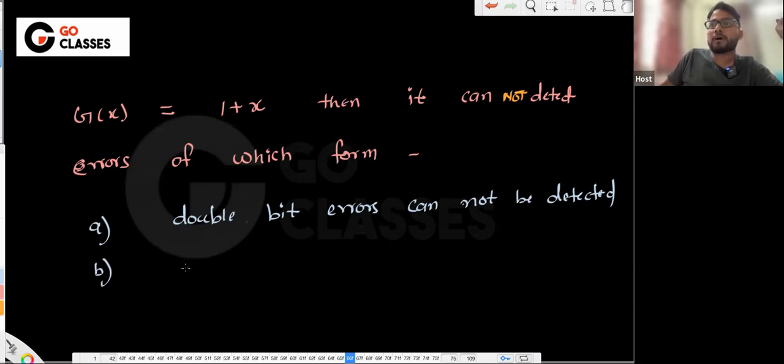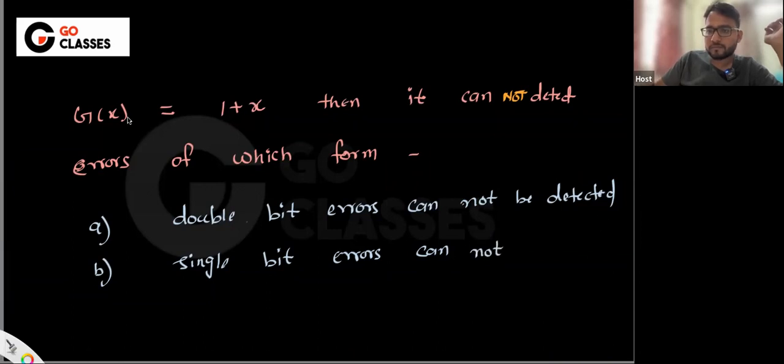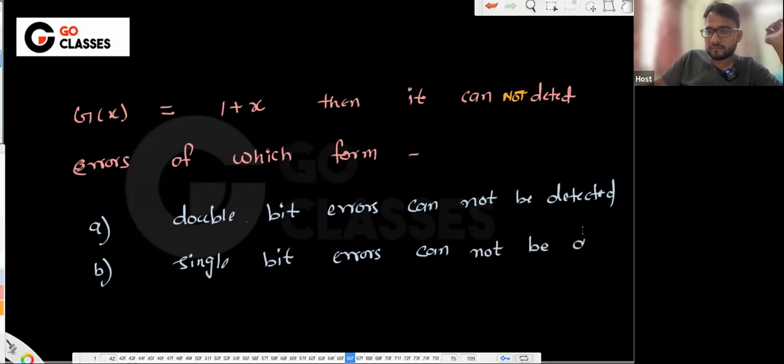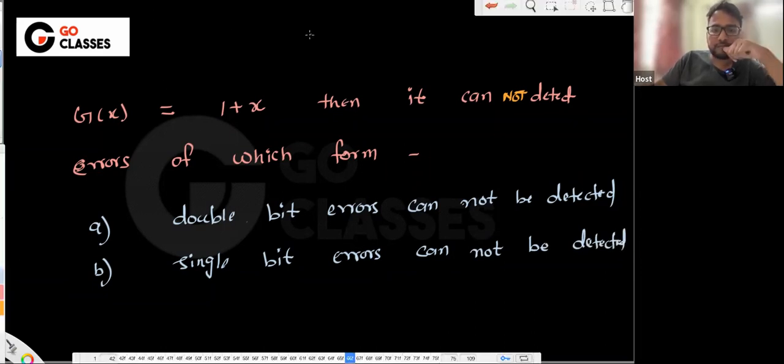B, single bit errors. C, let's say contiguous 2 bits error.